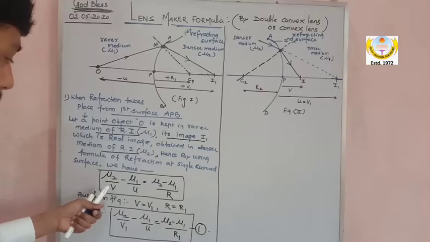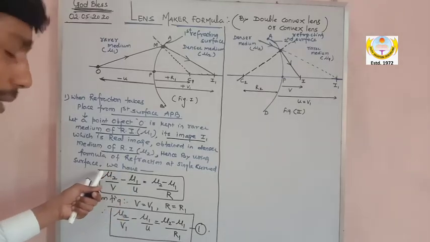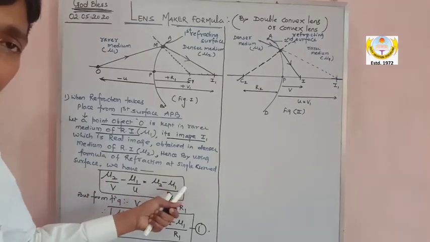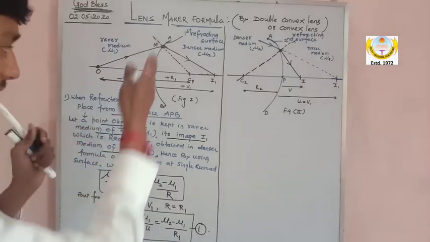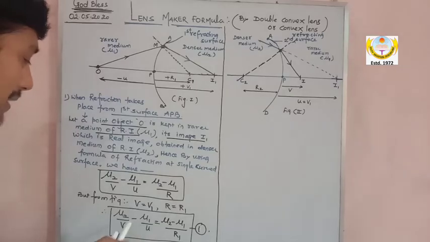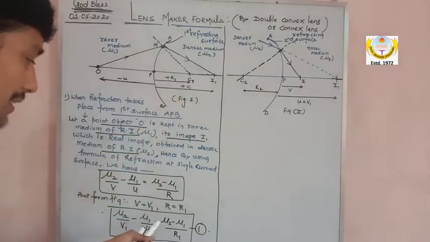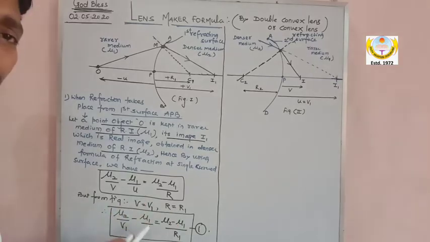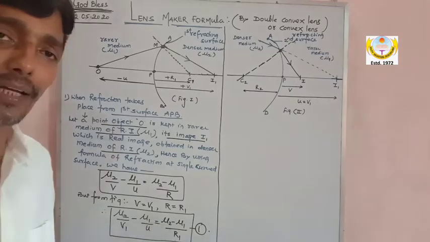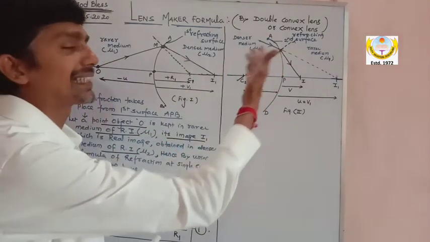So I have written mu2 by V minus mu1 by U is equal to mu2 minus mu1 by R. But my dear, since it is the first surface, we have taken image distance V as V1 and R, the radius of curvature, which is right now in the figure R1. So I substituted, and the formula becomes mu2 by V1 minus mu1 by U is equal to mu2 minus mu1 by R1. Now my dear, let's go to the second refracting surface.